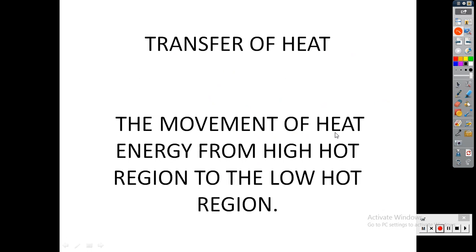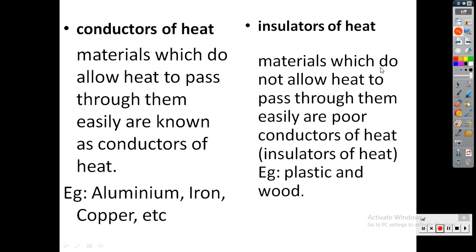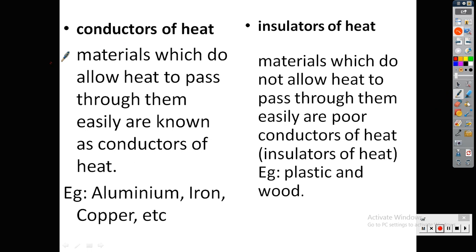Transfer of heat, the movement of heat energy from a hot region to a less hot region, is called transfer of heat. It is usually done by materials which are good conductors.